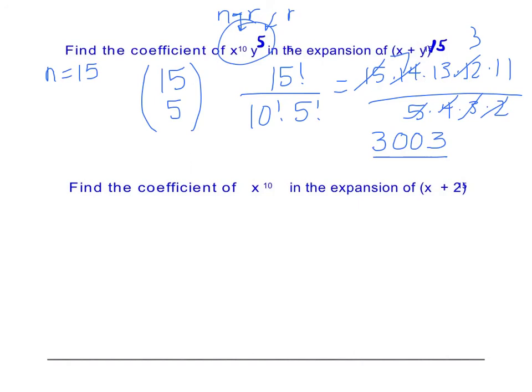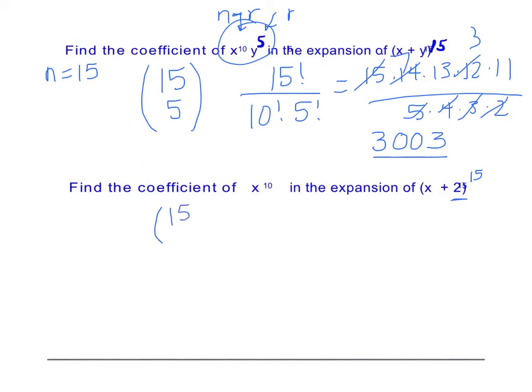All right, so find the coefficient of x to the 10th in the expansion of (x + 2) to the 15th. All right, so this time what they're telling me is since this term is a number, then the coefficient, I'm actually going to need to write the whole term. So I know that n is 15, so I have 15.